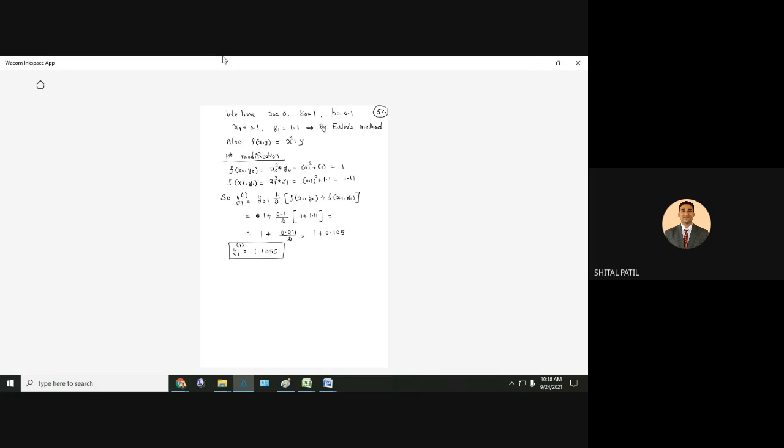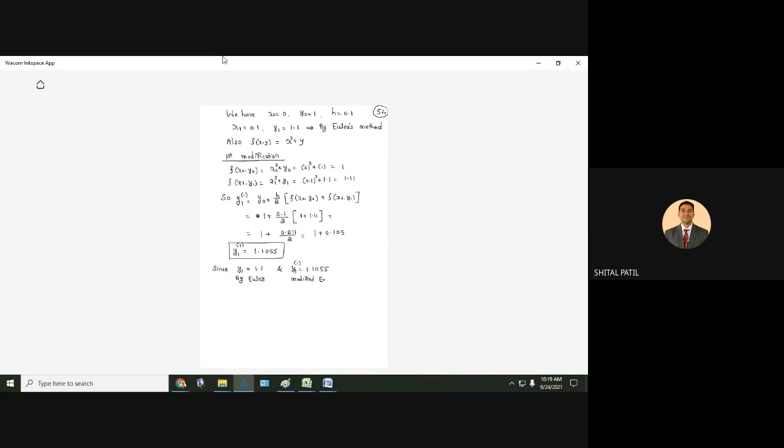Okay, since y1 equal to 1.1 from where? By Euler, and y1 raised to 1 is 1.1055, right? By modified Euler.